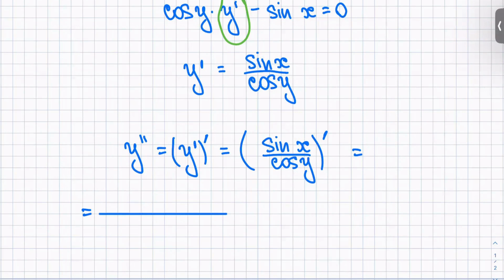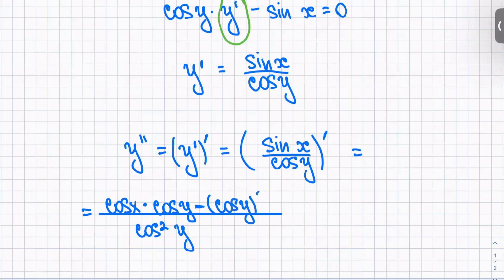So by the quotient rule, we have just to square the denominator, and now in the numerator, we will have the following expression. We have to find the derivative of the top function, which is cosine x, and now we have to multiply just simply by the bottom function, which is cosine y. And now we have to subtract, dear students, the derivative of the bottom function multiplied simply by the top function.